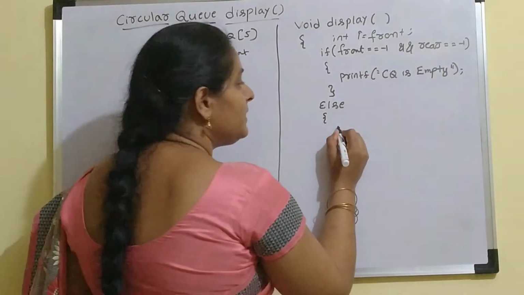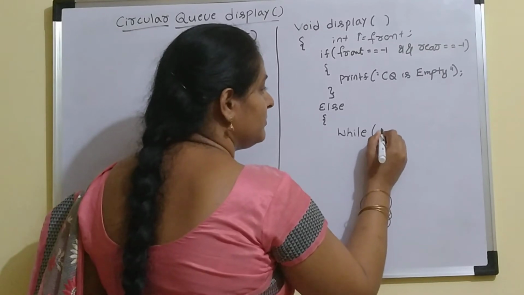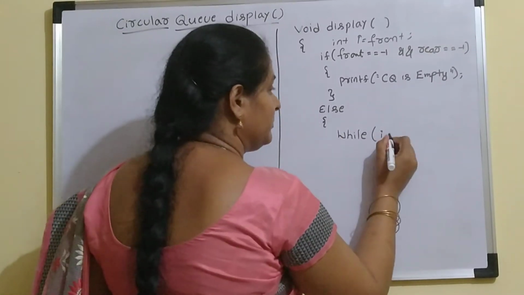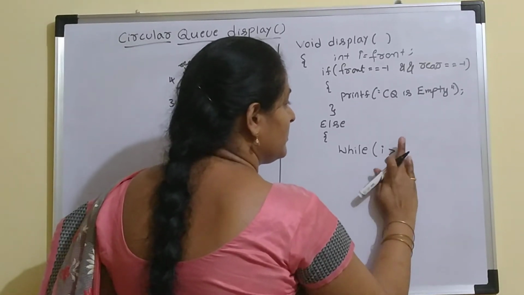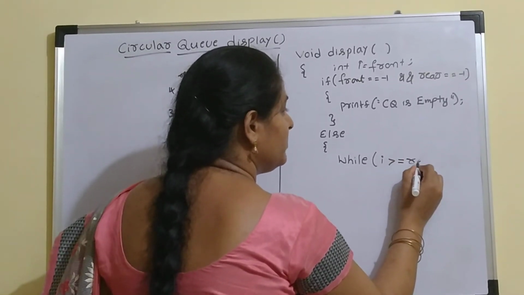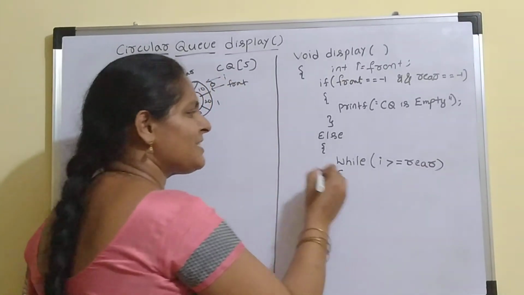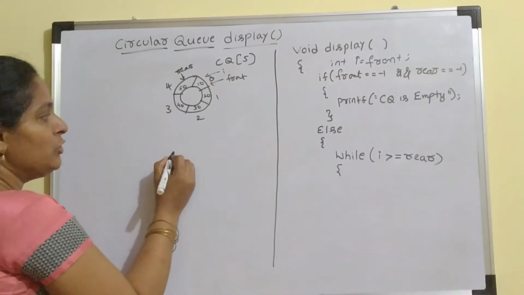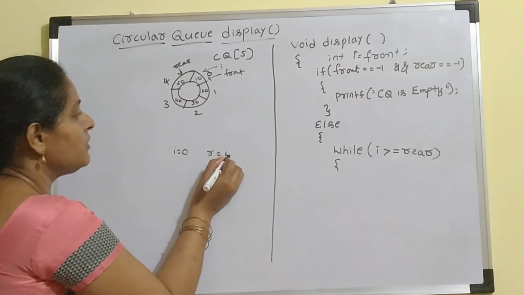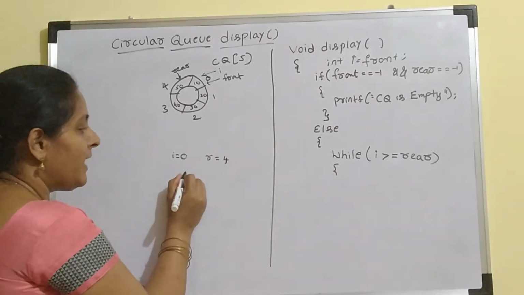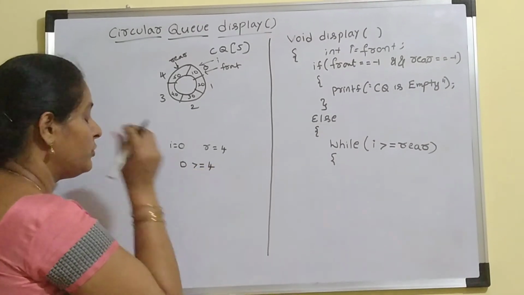Now see, here I am writing the condition: while i not equal to rear. Let me check this condition once. What is the i value now? The i value is 0. What is the rear value? The rear value is 4.